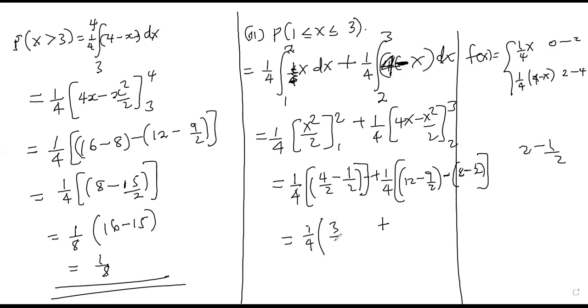So 3 over 2, then plus a quarter. Here we shall get 7.5, then minus 6. So this is 3 over 8.